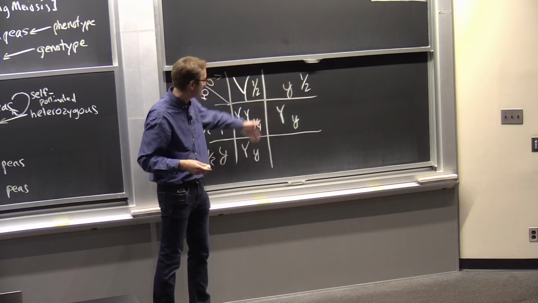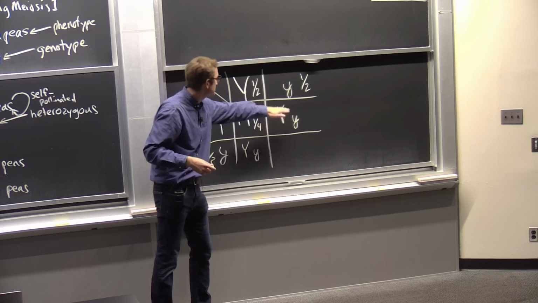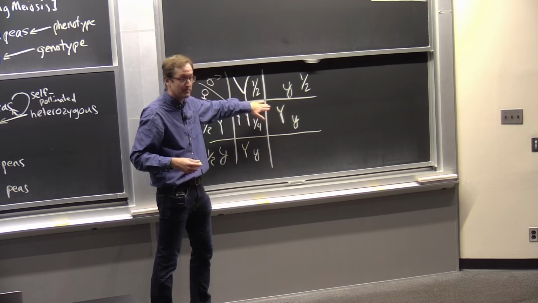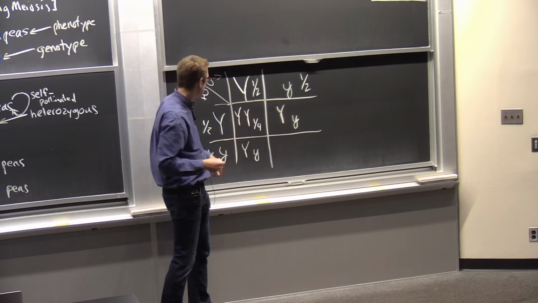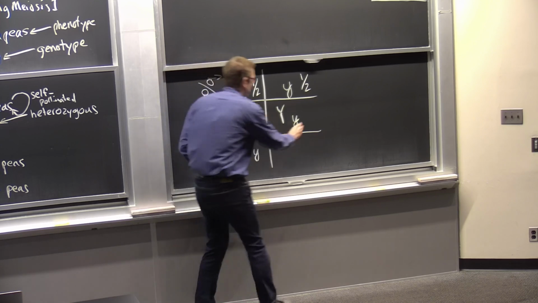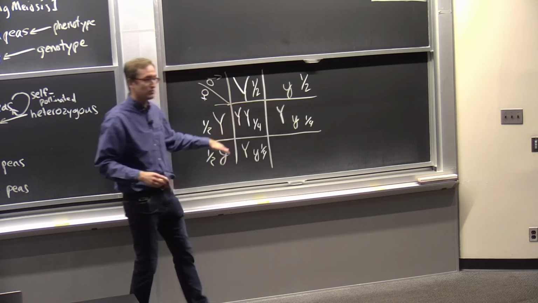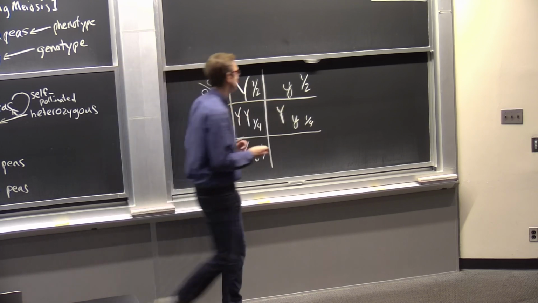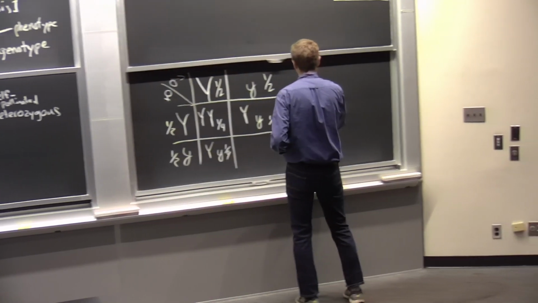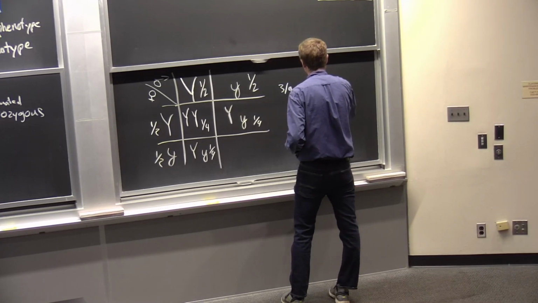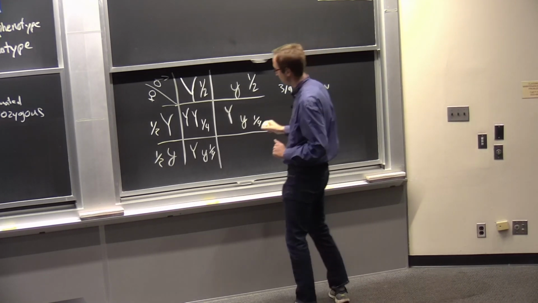Right, so these will have the same genotype, and these three will have the same phenotype. They'll all be yellow peas. Right? And so if you add up the probabilities of all three of these, you can see that 3/4 of the progeny will have the yellow phenotype.